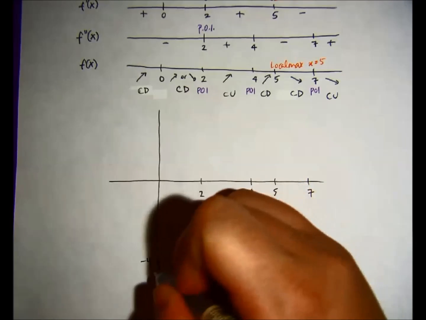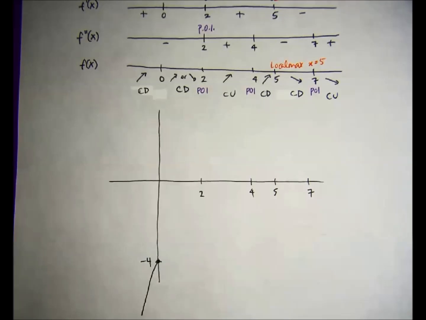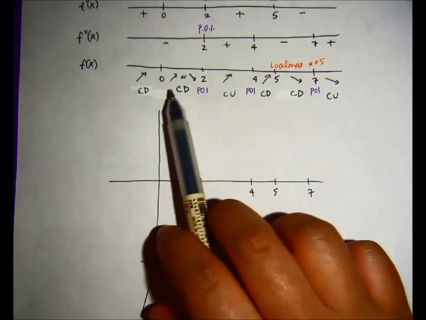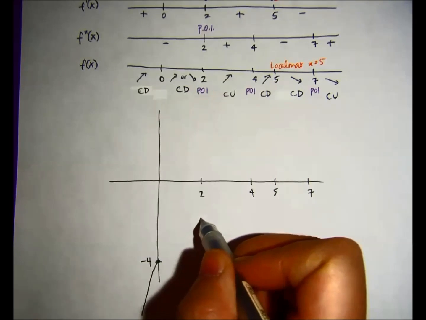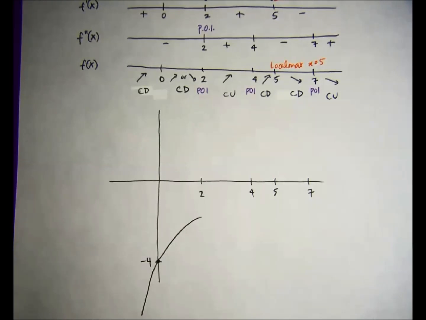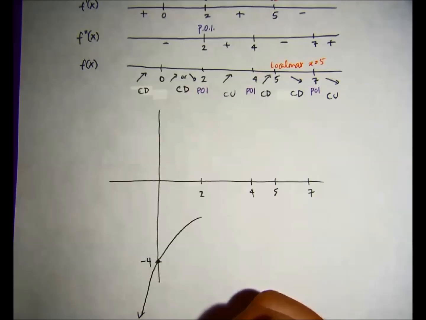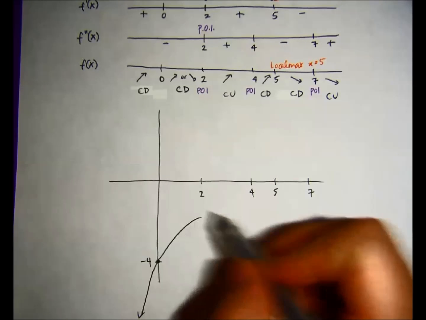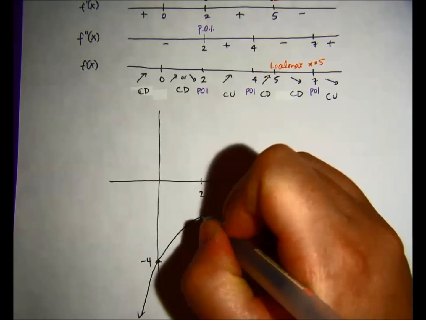So here I go, concave down up to 0, okay? And then here I still have concave down until 2, so let me go, let's say, up to here, concave down, okay? Then from 2 to 4, it should be concave up and increasing.